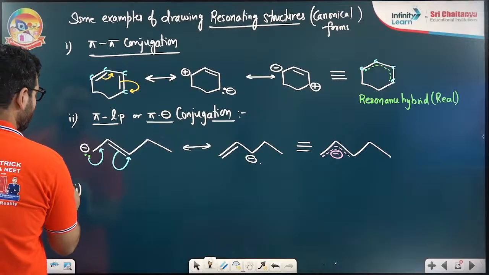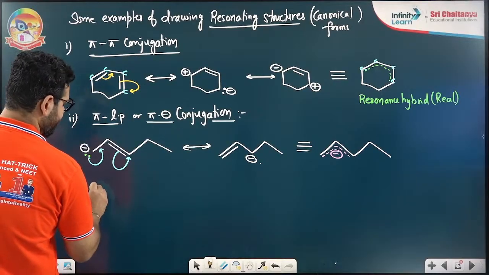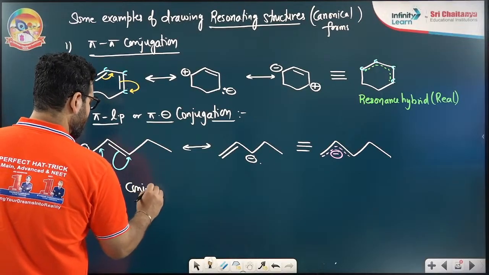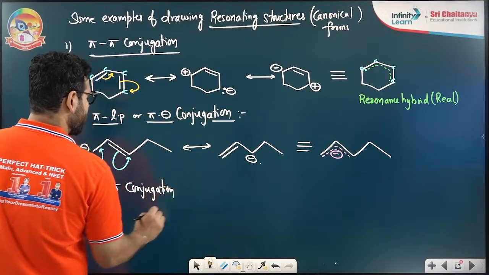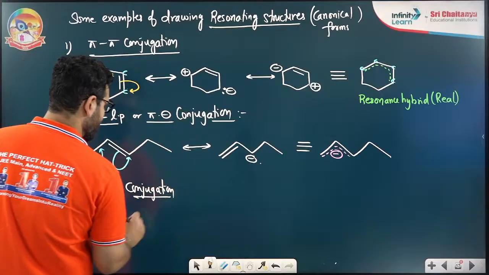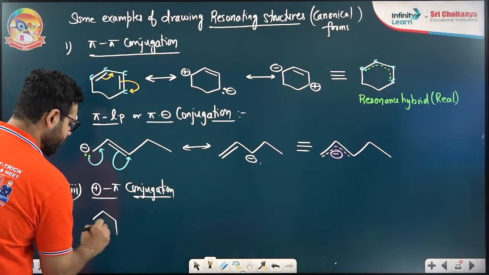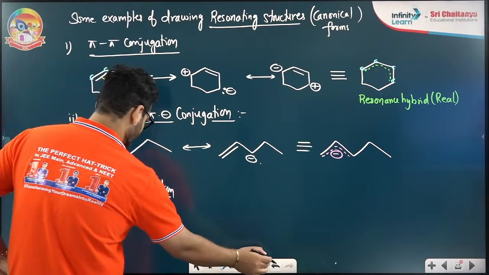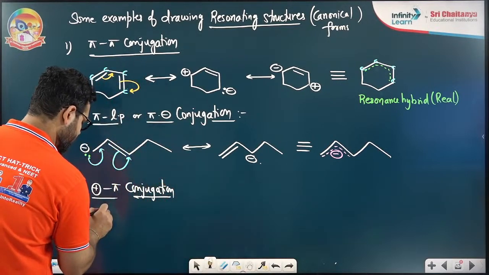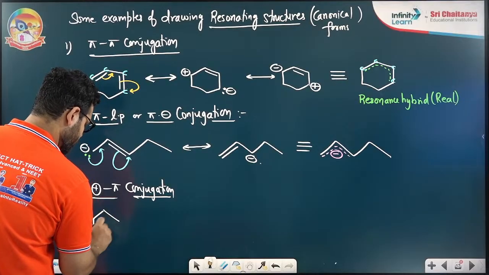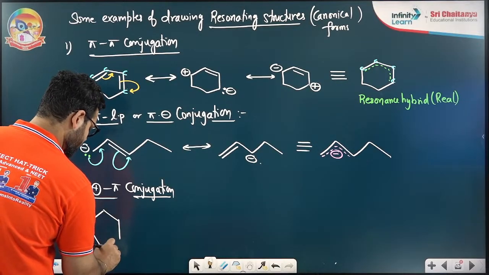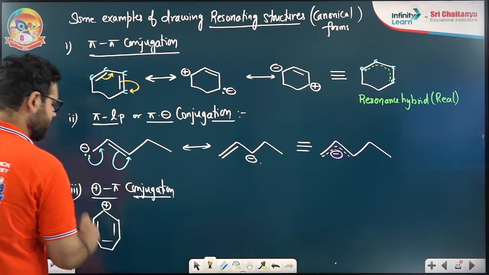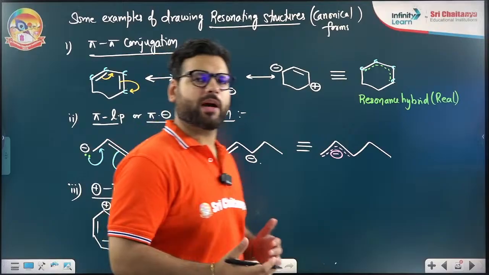Now my question to you would be something like, in a plus pi conjugation, I can ask you something like, for this particular compound, this is called the tropylium carbocation.